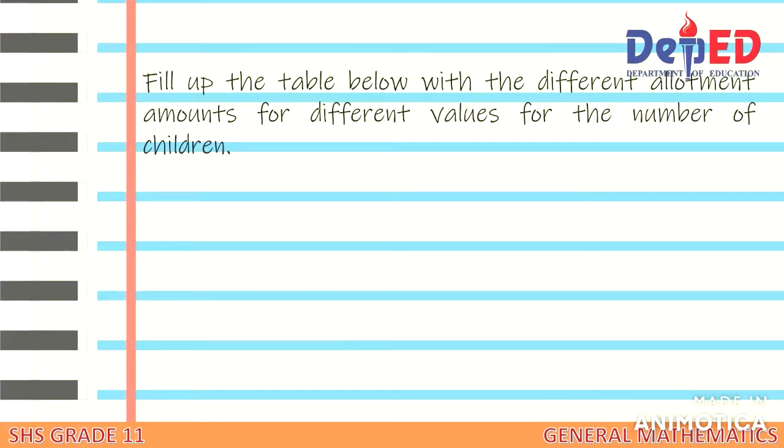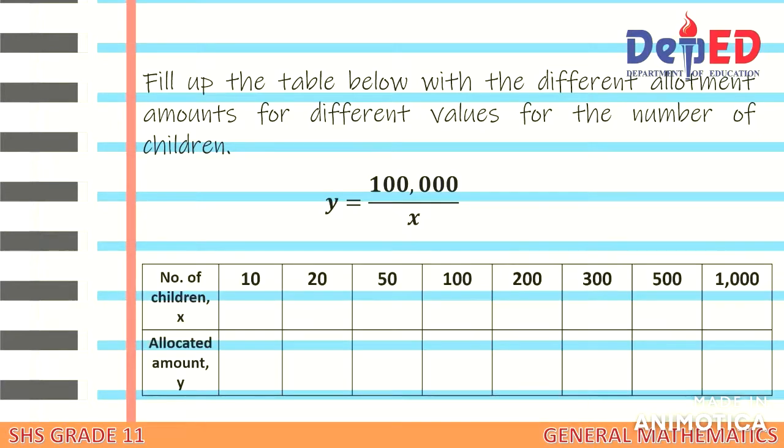So, fill up the table below with the different allotment amounts for different values for the number of children. So, given yung equation na to, y is equal to 100,000 over x, ito yung table. So, inassign natin yung value ng x.